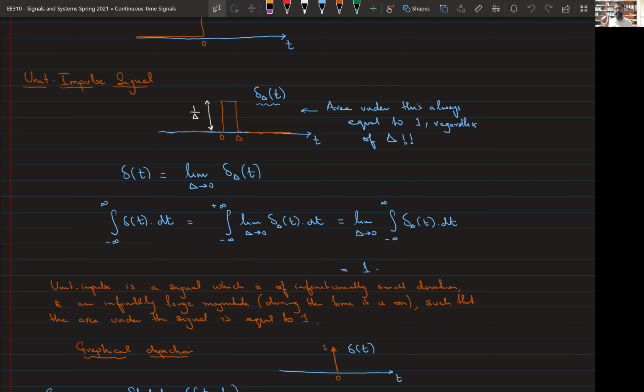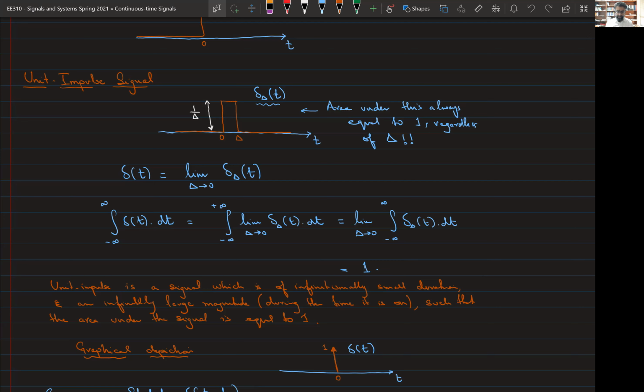Those properties are that it is of infinitesimally small duration and of infinitely high amplitude, such that the area under this signal is always going to be equal to 1. So this is a hypothetical, mathematical signal, a construct that we define, which is going to be useful in some of our later analysis as well.